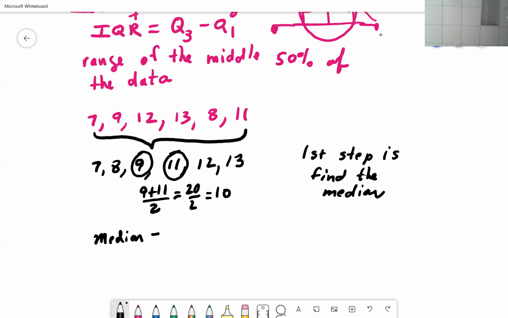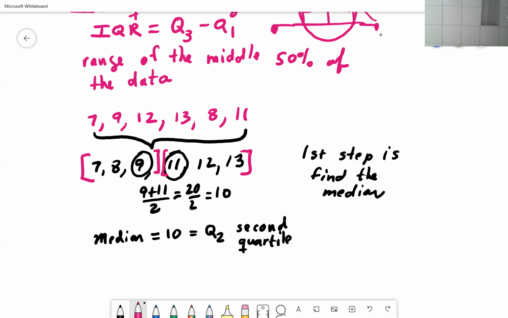Now, guess what? The median is also called your second quartile. It's Q2. And now, guess what? The data has been split into a lower half and an upper half. You see that? We have 3 numbers in the lower half and 3 numbers in the upper half.